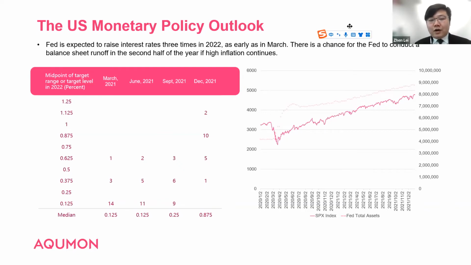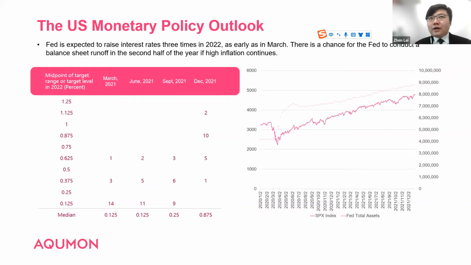However, there is still uncertainty whether the Fed will cut its balance sheet assets or not, because the need for the Fed to conduct a balance sheet runoff is that if it only conducts rate hikes, then it will push the yield curve flatter and flatter, which can introduce systematic risks to the financial system.